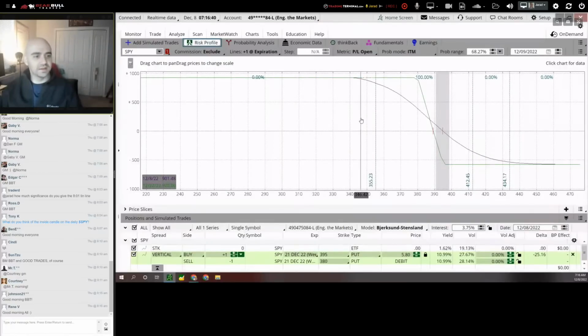And you can see that as you look at a P&L graph. If you notice the 920 right here on the green line, this is at expiration, but it's also true that if the market were to go way beyond 380, this is where that P&L would be fully realized.